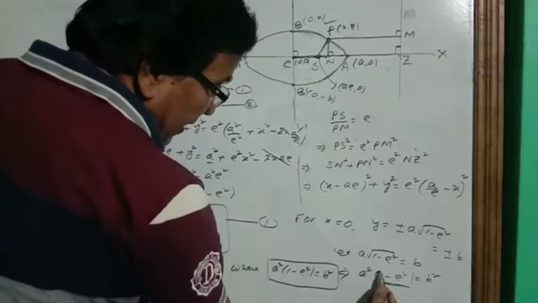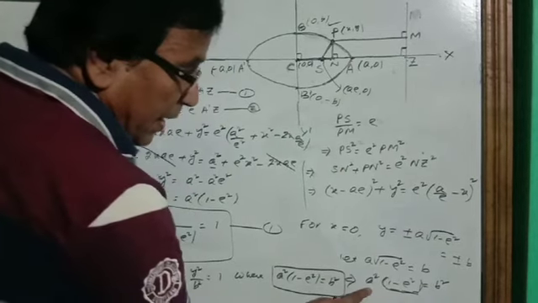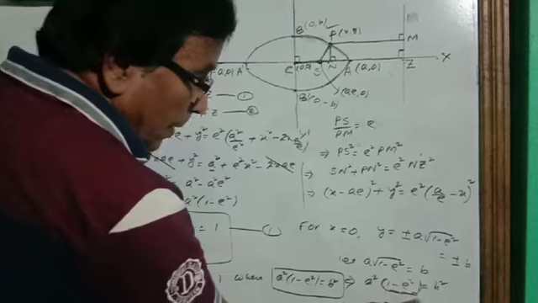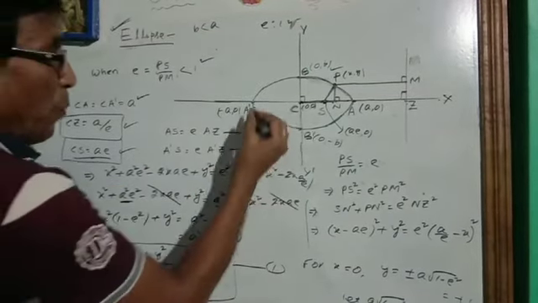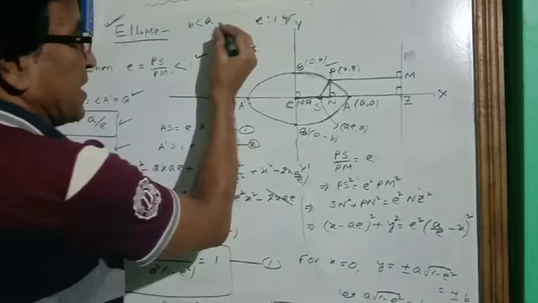Because 1 minus e square is greater than 0 and less than 1, any positive quantity multiplied by it must decrease. So b square is less than a square, that means b is less than a, which means a is greater than b.